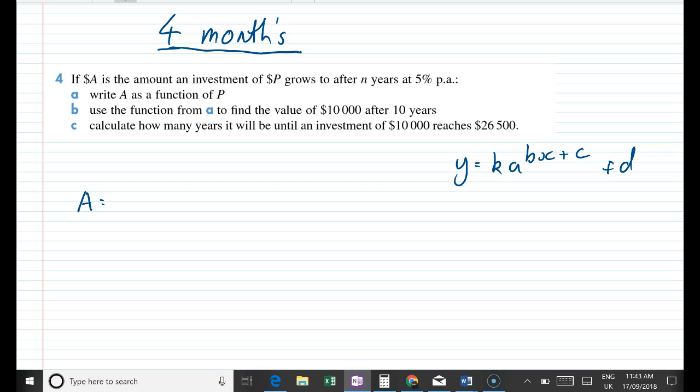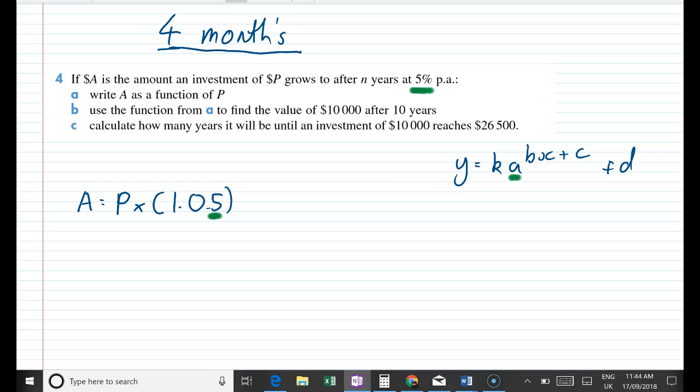Now P is the amount invested, so it's my initial amount. It goes there. Then it grows at 5%, so that's times by, and this is the a part, it's going to be 1.05. Notice 1.05 is the whole 1 and 5%. All of that goes in to make my a.